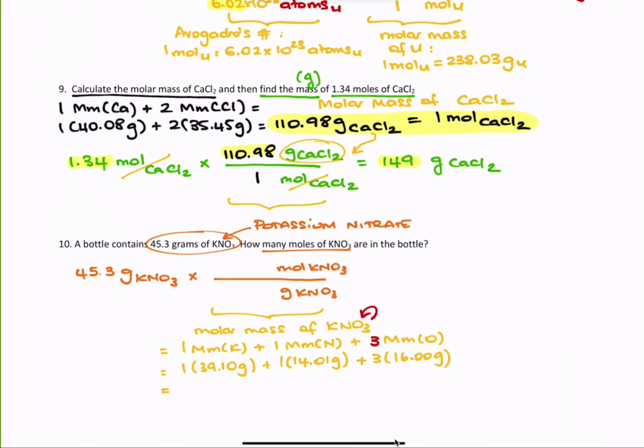Therefore, the molar mass of potassium nitrate is 101.11 grams of KNO3, and this is equal to 1 mole of KNO3.